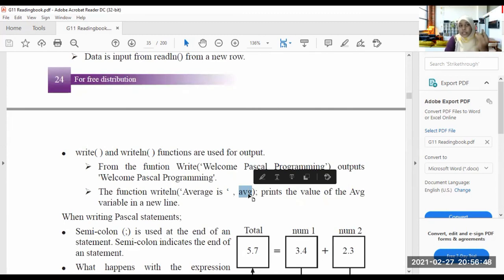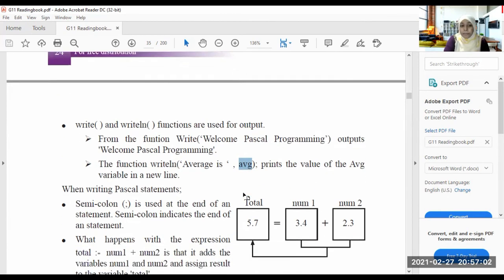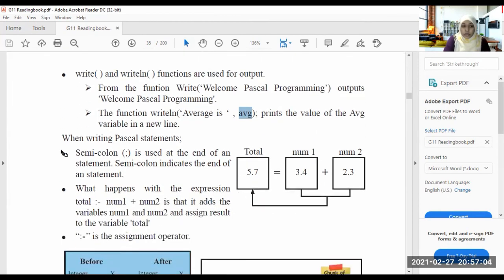For an example, we'll say the average is 23. So here it will show us as average is 23. I am telling the program, here you write down the average which you obtain from the process. Okay, right. So when writing Pascal statements, a semicolon is used at the end of a statement.